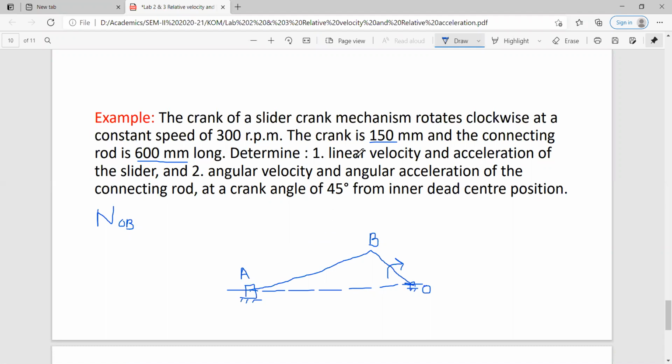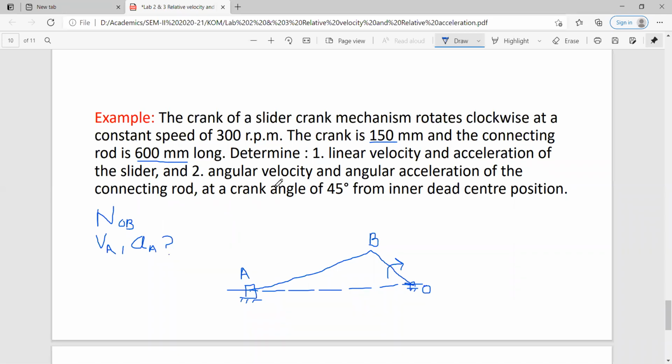You have to find the linear velocity and acceleration of the slider. Means you have to find the velocity of point A, as well as the acceleration of point A. These two you have to find.